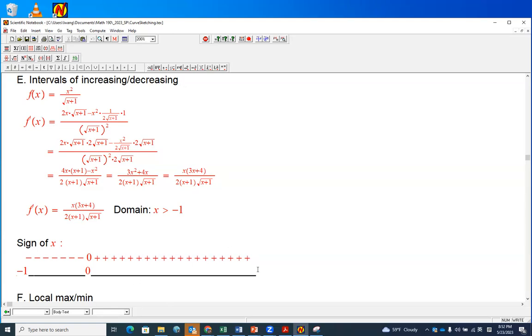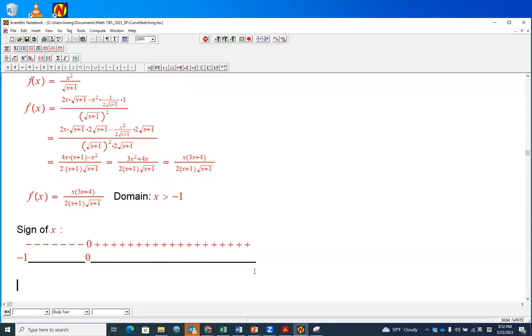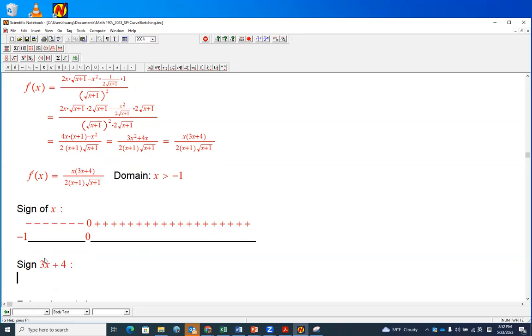How about the sign of 3x plus 4? When does 3x plus 4 equal 0? You can do a little analysis.